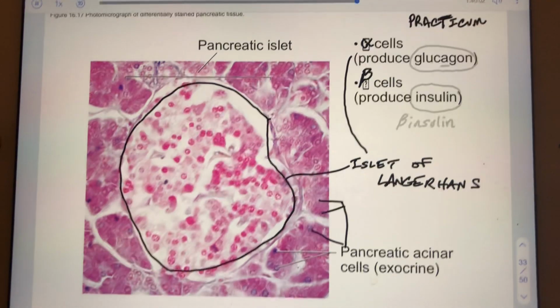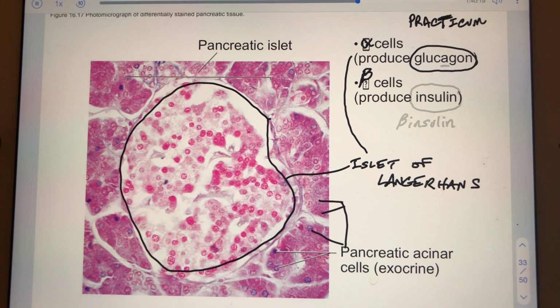And I do also need you to know which cells produce what. Acinar cells, again, produce pancreatic juice or pancreatic enzymes or enzymatic juice. Any of that's fine. Alpha cells produce and secrete glucagon. Beta cells produce and secrete insulin.